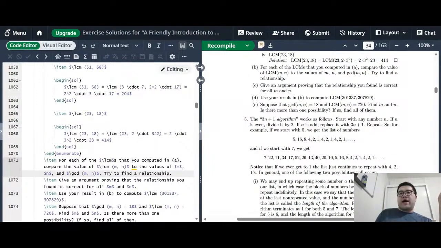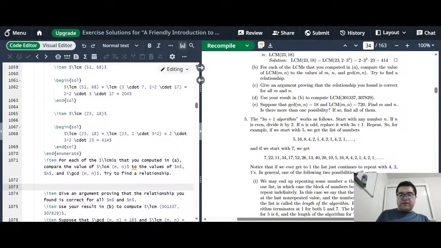We actually show that the LCM of M and N and the GCD of M and N have a relation: the product of LCM and GCD is equal to M times N itself. Okay, so I'll quickly answer this.